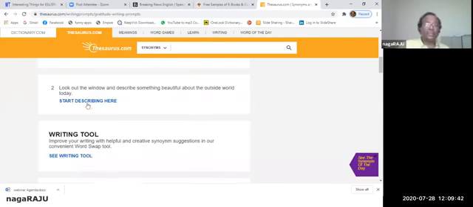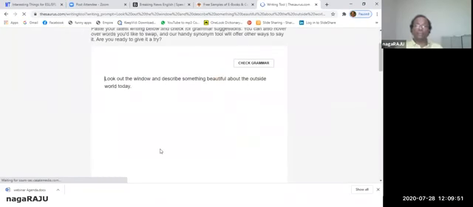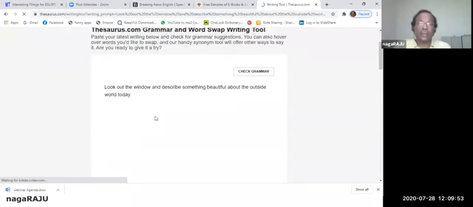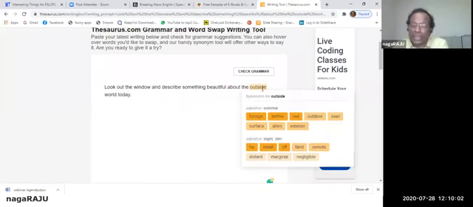Okay, so here is "Look out of the window." The question says, okay, so how do I write? There are some prompts here. Look out of the window and describe something beautiful about the outside world. There is a plant outside, there's a bird outside, there's a flower outside.